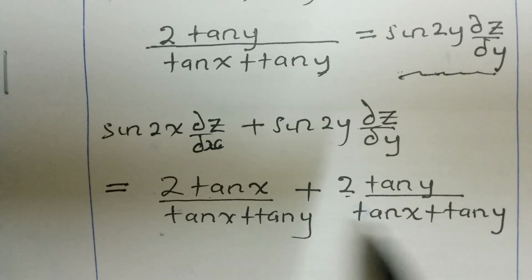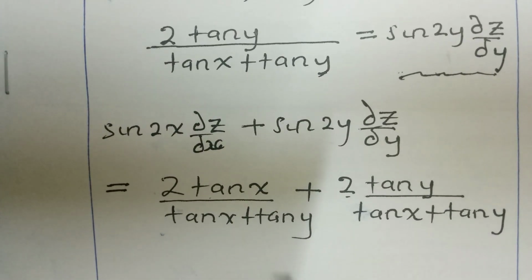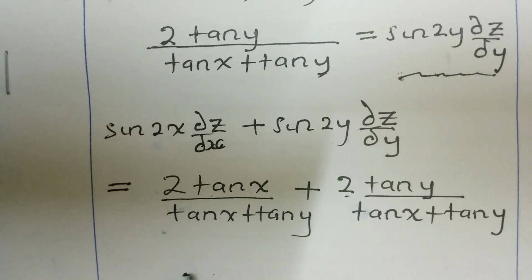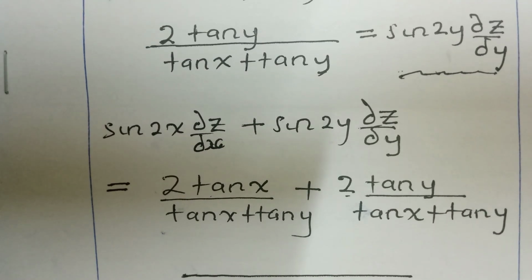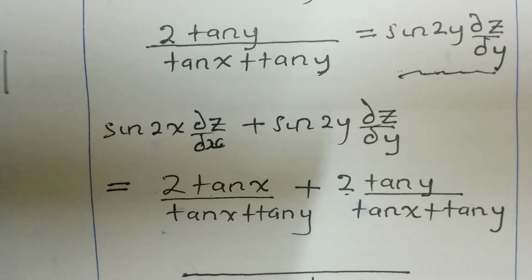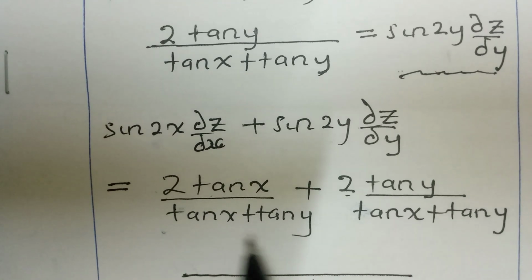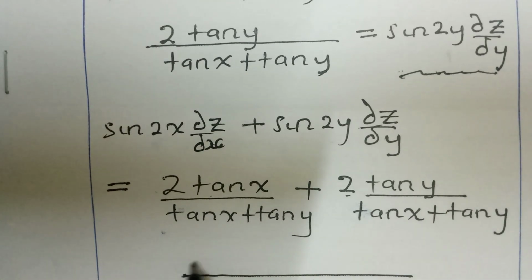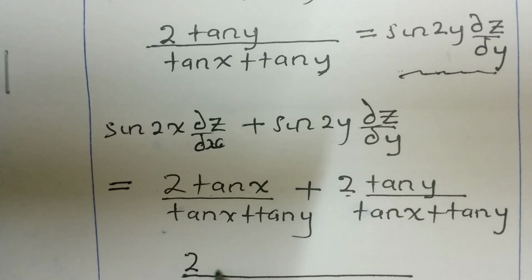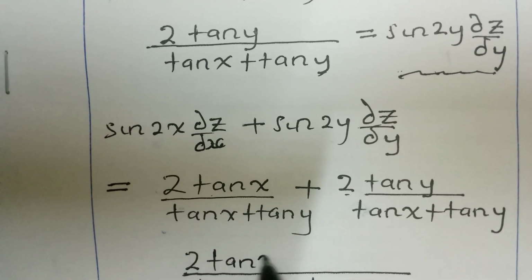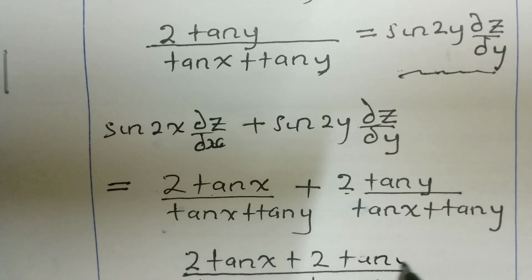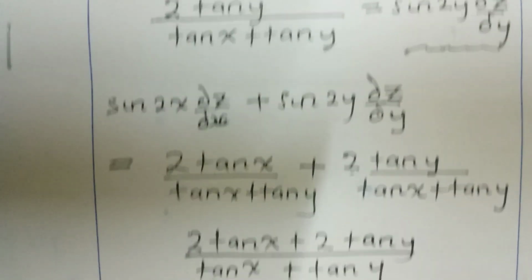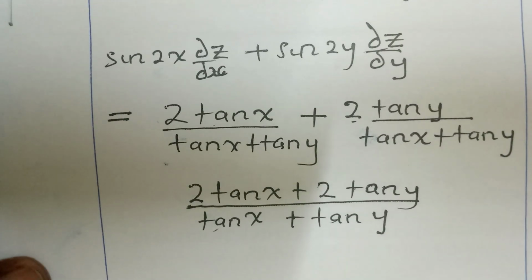So guys, because they have the same denominator, we put them under the same denominator. This will be tan x plus tan y. I have combined them because the denominators are the same. Then I put 2 tan x plus 2 tan y. Guys, from there I can now factor out the 2.